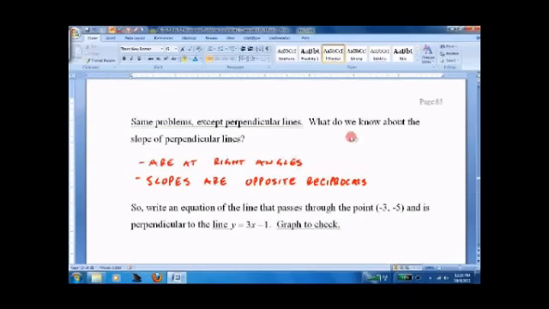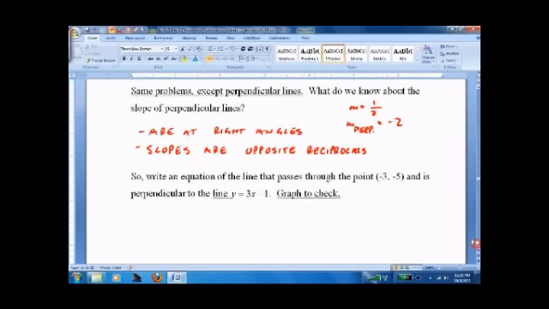So for example, if m equals 1/2, m perpendicular would equal negative 2, because you would make it the opposite, which is negative, and reciprocal, which is flipping it upside down. And 1 over 2 becomes 2 over 1. We don't write the 1. So let's give it a shot.